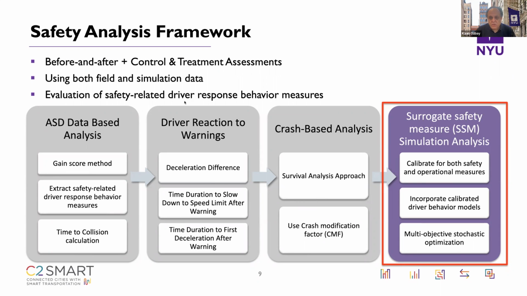But in this project, we also wanted to calibrate the simulation to generate results that are consistent with the safety measure that we chose, which is the time to collision, and make sure that simulation is calibrated from both perspectives. We also incorporated driver behavior models that are calibrated using the data that we get from the apps, from the deployments, and then we use a multi-objective stochastic optimization approach to achieve this calibration task.